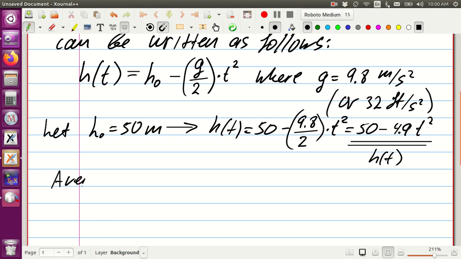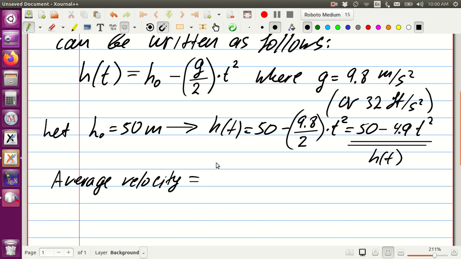All right, so let's start by talking about average velocity. So what is the average velocity? Suppose you drive from New York to Boston, and you measure how long it took you to go there.